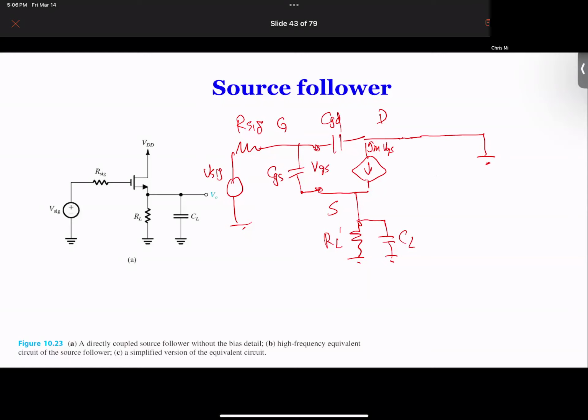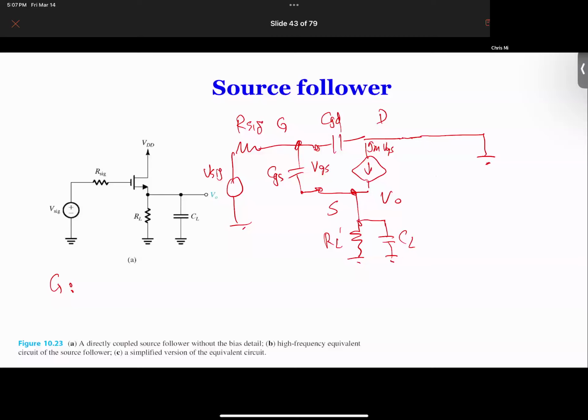With these two nodes, we can write node equations, like over here and over here. Let's write the equation around G. Around the G node, here is going to be VGS, and this is VO. So this is important: the node voltage at VG is not VGS, it's VGS plus VO.